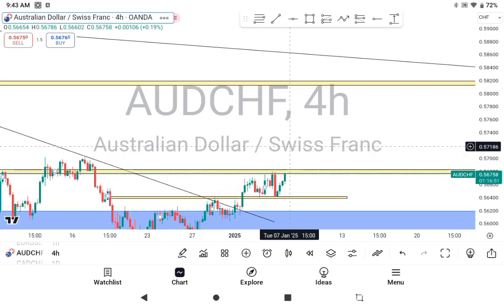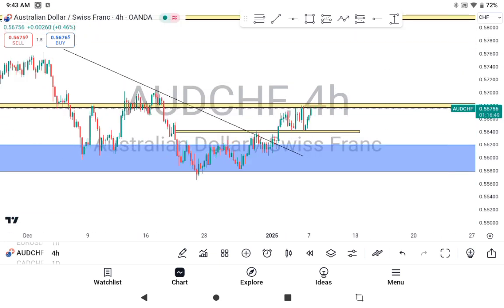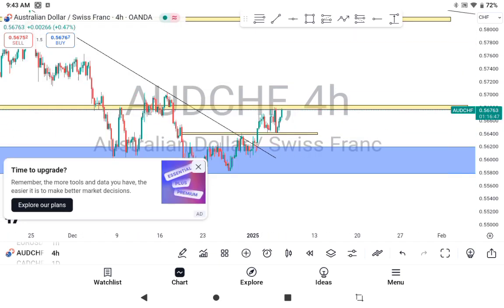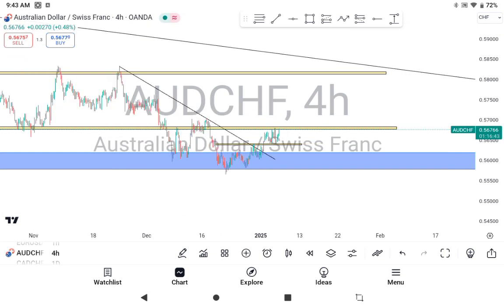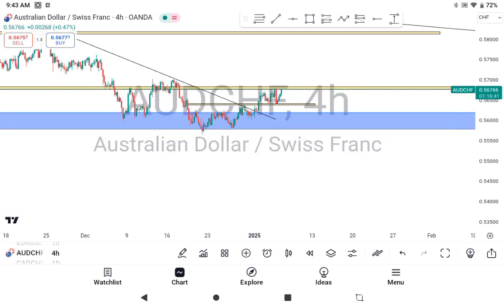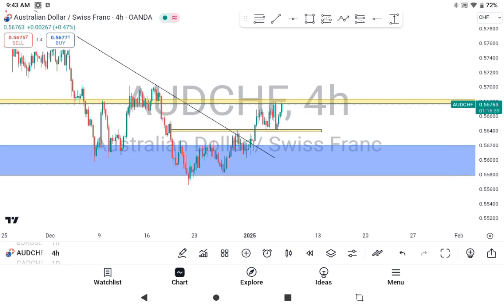Now on the 4-hour time frame, we can see that price is currently reacting on that minor level right here. This yellow minor level is strong in such a way that price is unable to break higher. We need to see strong momentum from the buyers to break and close above this yellow bar right here.